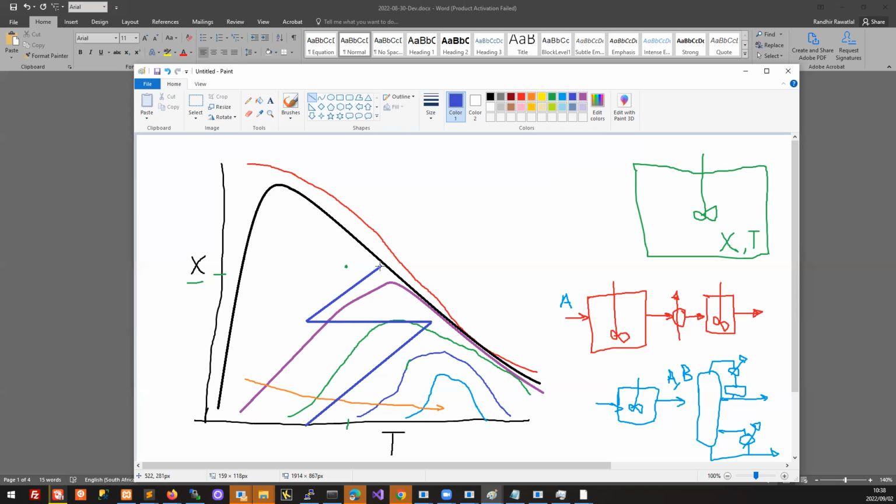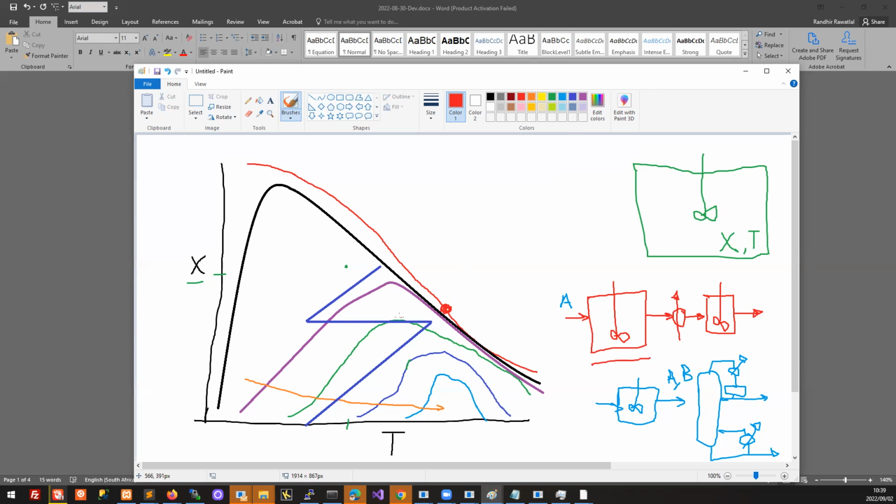I guess that's about parallel. But we are getting to a higher conversion. So moving along just this one line is not going to get us to a higher conversion. You are constrained. There is a maximum conversion that you can achieve if you work with just one CSTR.